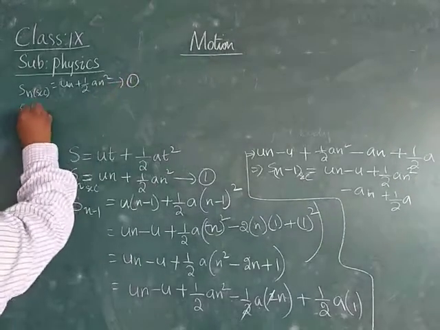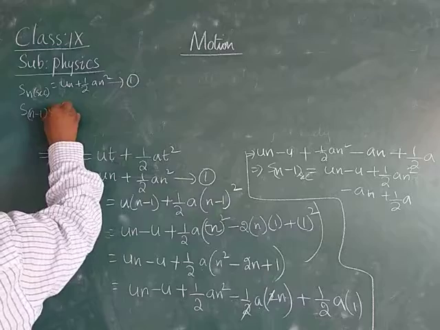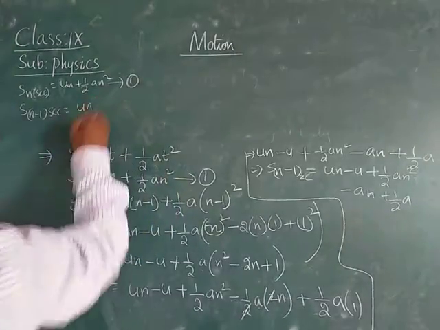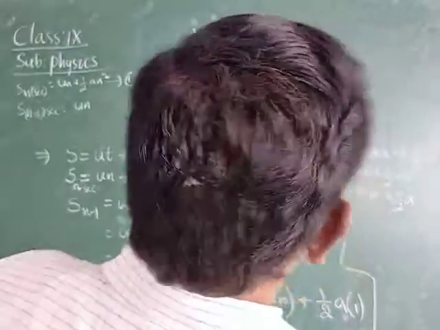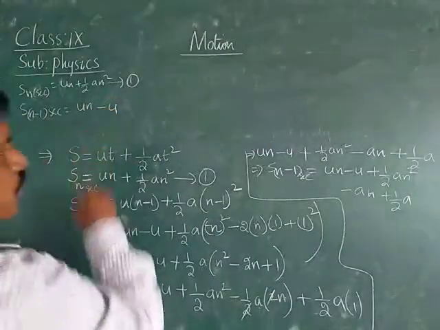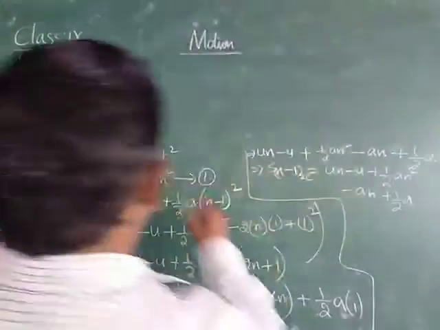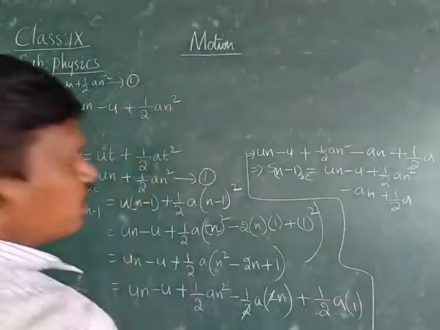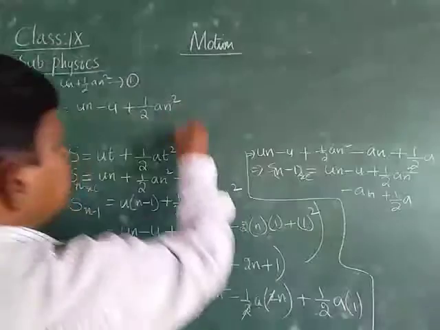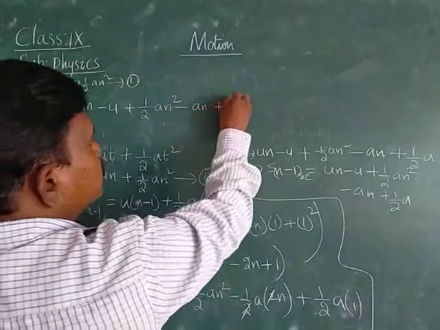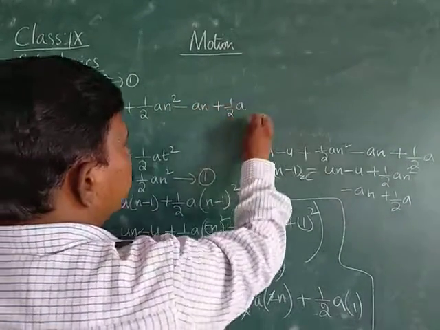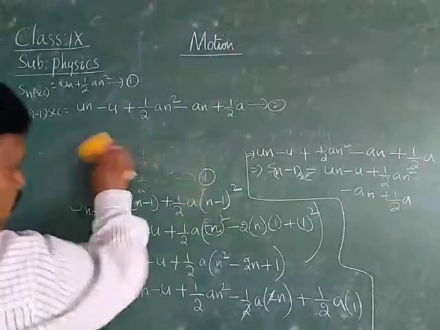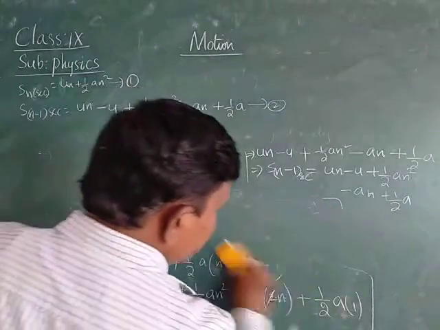The second equation is that Sn−1 seconds is equal to un − u + ½an² − an + ½a. This is about the second equation. Okay. Then I will solve the remaining.